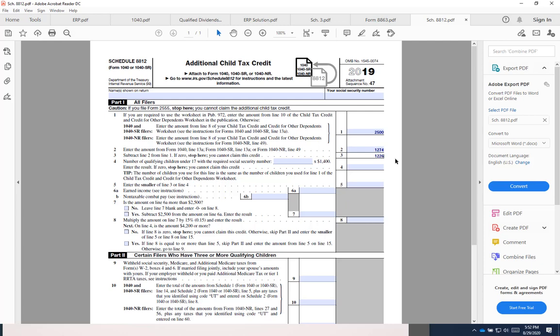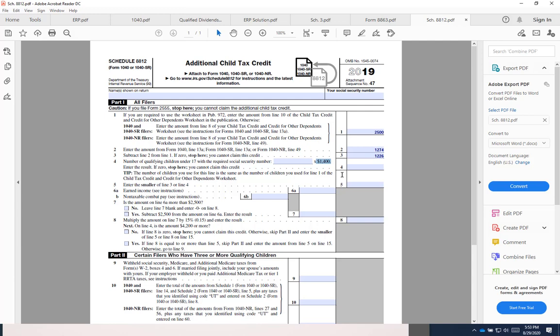Now, would we qualify for all of this as the additional child tax credit? Possibly. We know that this credit, the additional child tax credit, is a refundable credit. It has a limit of $1,400, so that's what we see here on line 4, and also it's subject to 15% of earned income over $2,500. And lines 4, 5, 6, and 7 go through those steps to determine whether we meet the threshold, whether we are under the limit.